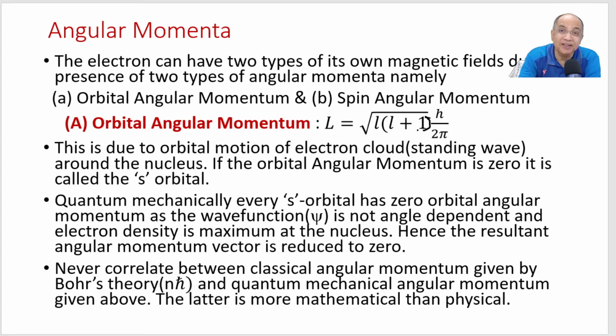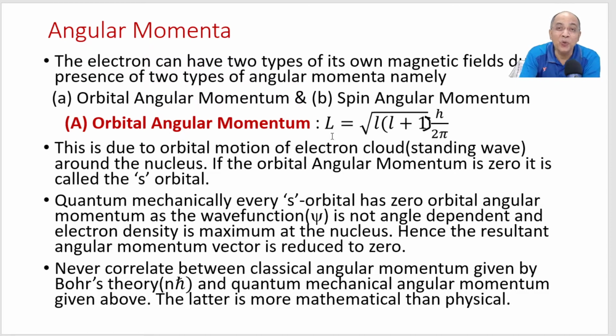So l is the azimuthal quantum number. If this is 0, then all will be 0. So the orbital angular momentum of an s orbital is 0.